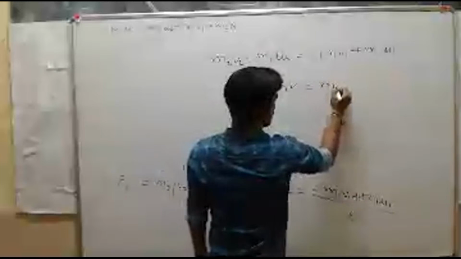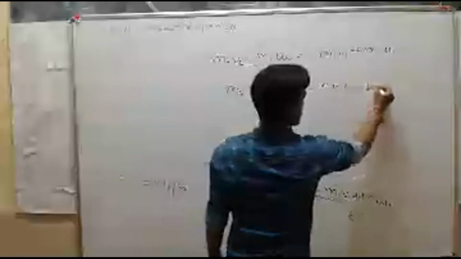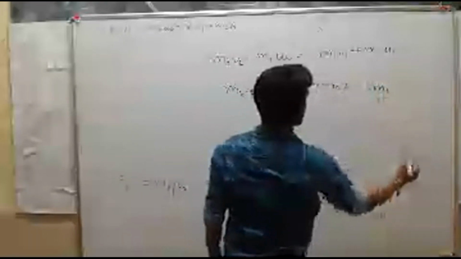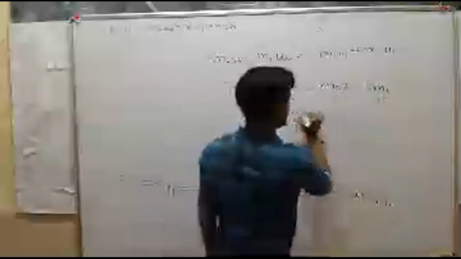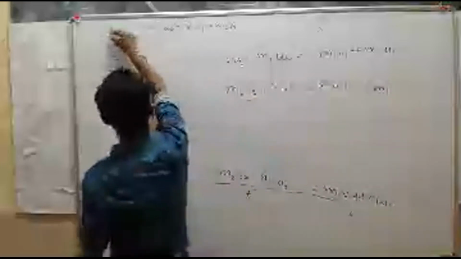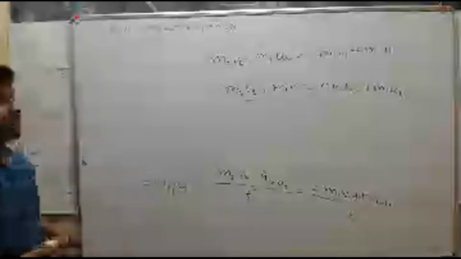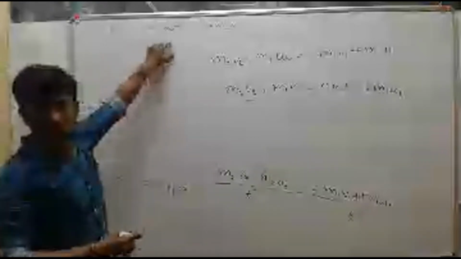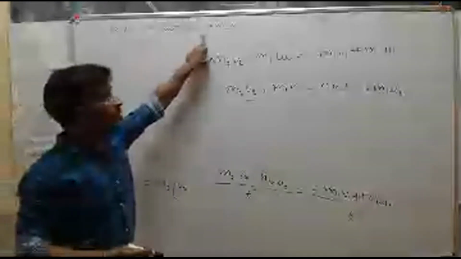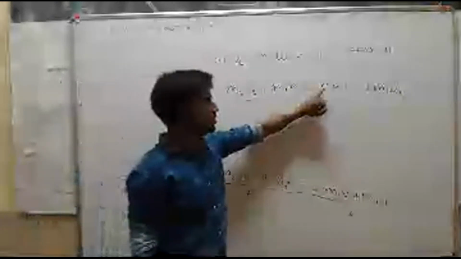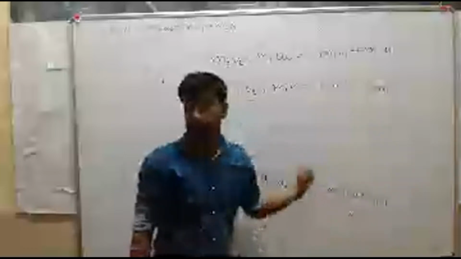So m2 u2 plus m1 u1. Just observe this equation: m1 u1 plus m2 u2 is equal to m1 v1 plus m2 v2. So m2 v2 plus m1 v1 equals m2 u2 plus m1 u1. So proved, right? Hence proved.